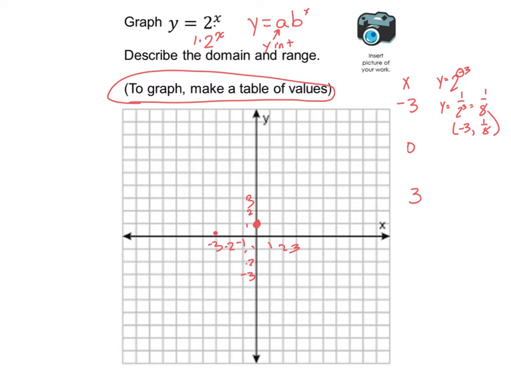That's not a negative sign. So y equals 2 to the 0 power. Anything to the 0 power is 1. So 0 comma 1, which I already have because I already recognize that that was my y-intercept. Now y equals 2 to the third power. 2 times 2 times 2 is 8. 3 comma 8. 3, 4, 5, 6, 7, 8.